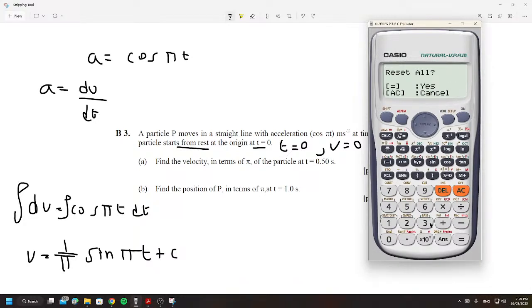So just clear the calculator first, and then shift mode, put it in radians. Okay, so when t is equal to 0, v is equal to 0. So 0 equals 1 over pi sine pi times t, so 0 times pi, or 0 basically, sine 0.